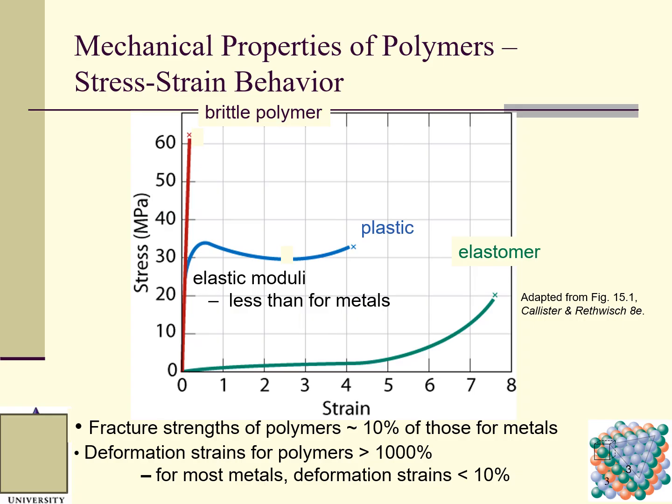We know this based on our daily experience. The deformation strength for polymers is much bigger than that of metals. It can be greater than 1000%, that means 10 times. For most metals, deformation strength is less than 10%.